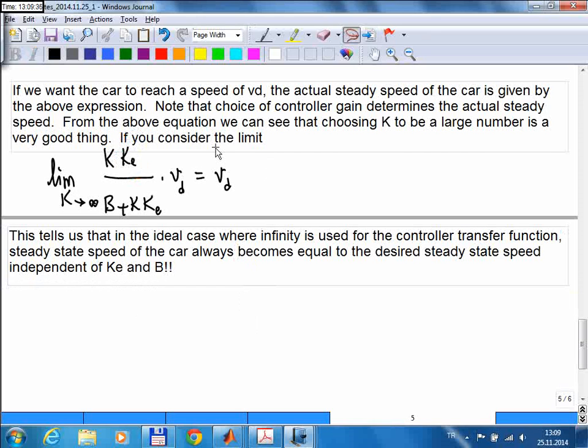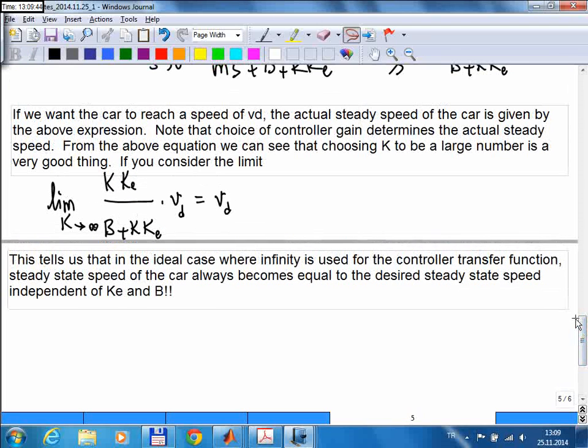So for example, instead of reaching 25 meters per second, the car only reached a speed of 20 meters per second. But now in closed loop control, we see that if we use infinity for k, then it doesn't get affected by KE at all. I mean, KE can be 10% of the original engine number, or it can be greater than the original engine number. And in all those cases, the car reaches the target speed.